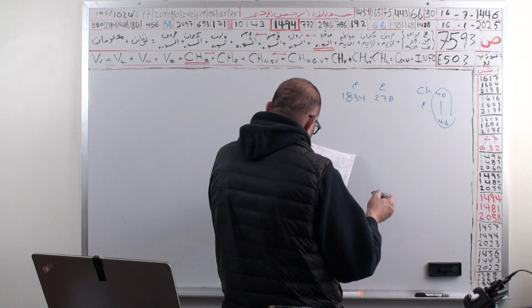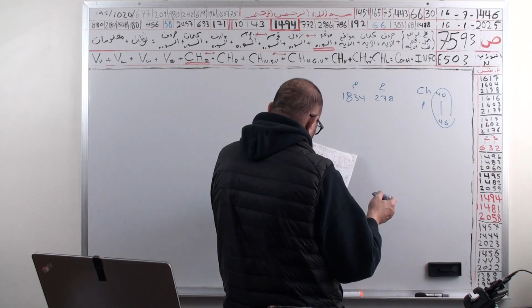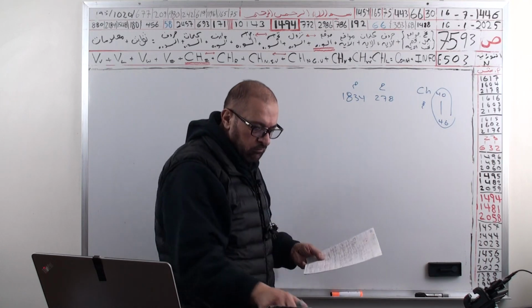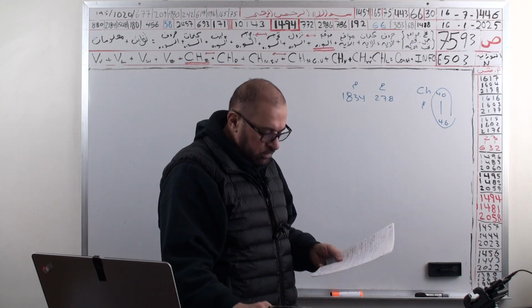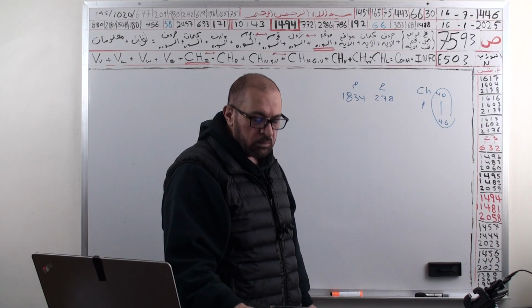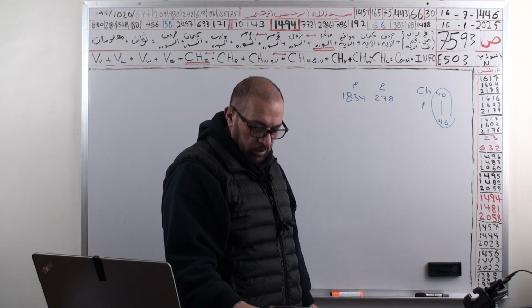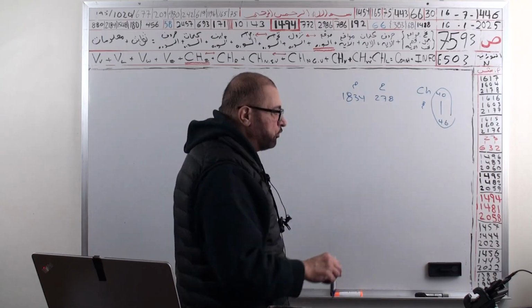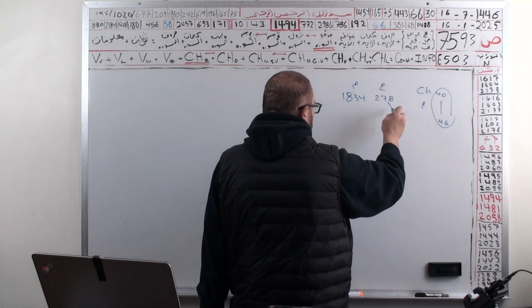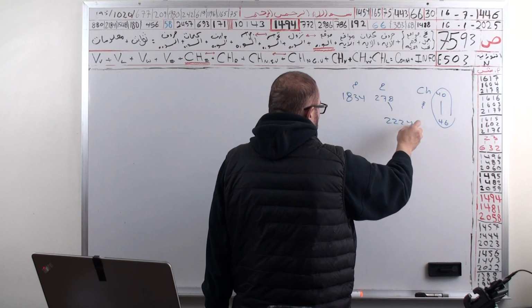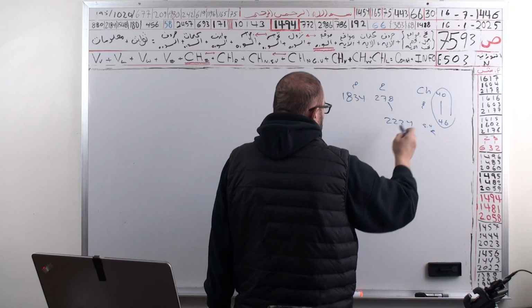Okay, now the geometrical value and sequential value. 278 times Ha is 8, that's 2224. I told you there's a solution for this one. 2224 is the sequential value repeated.